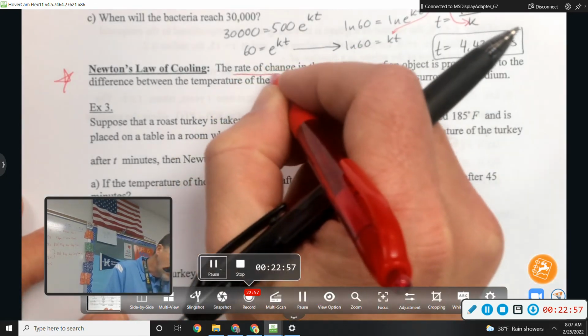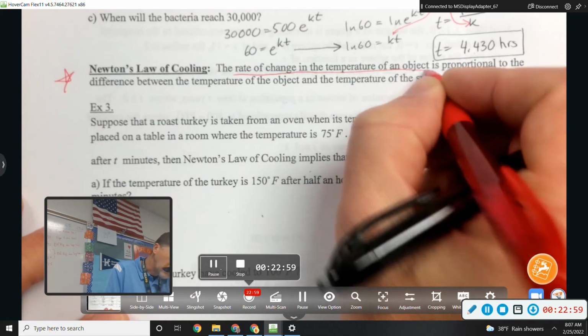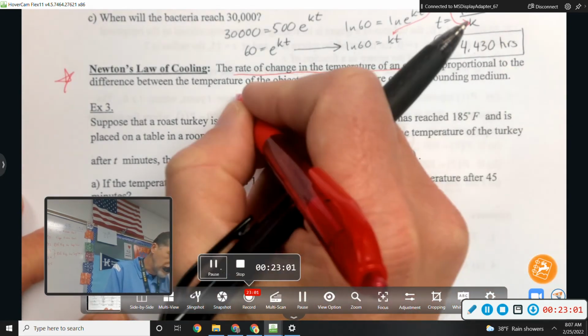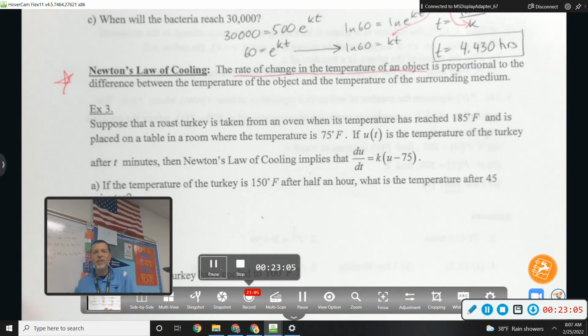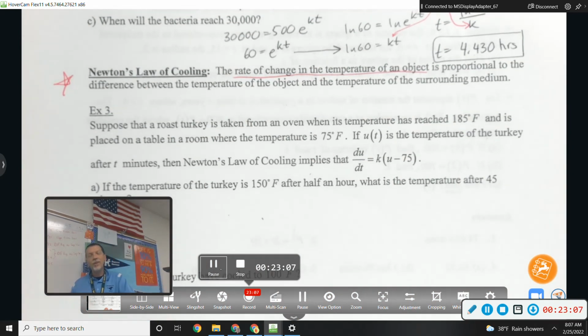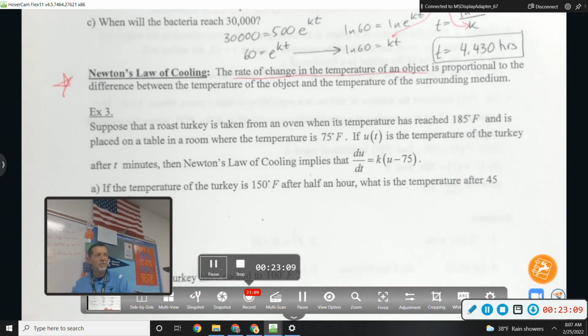The rate of change in the temperature of an object. So let's call that, this is going to be rough because if I use T for temperature and t for time, then I've got dt, even though they're different t's. So I need to call it something else.